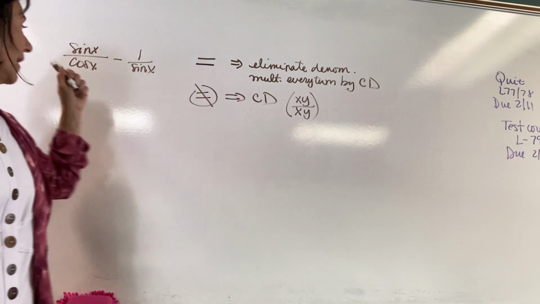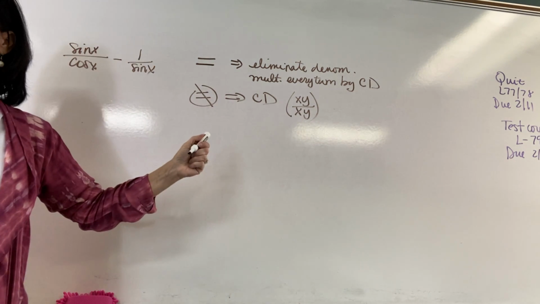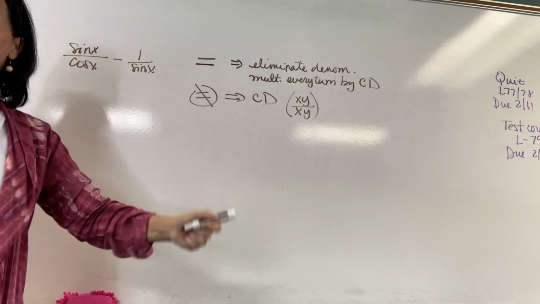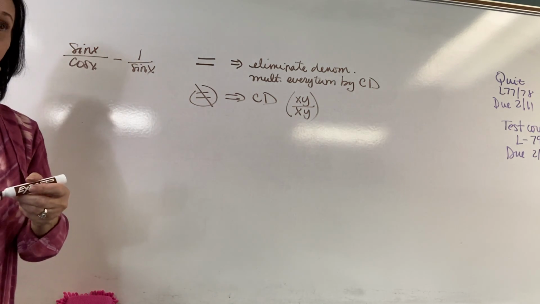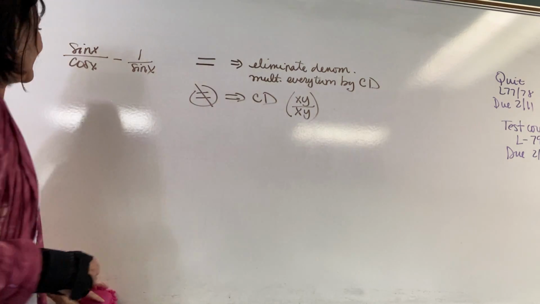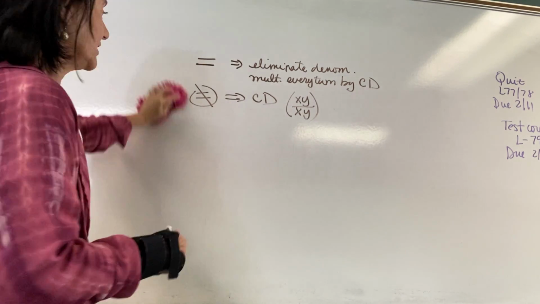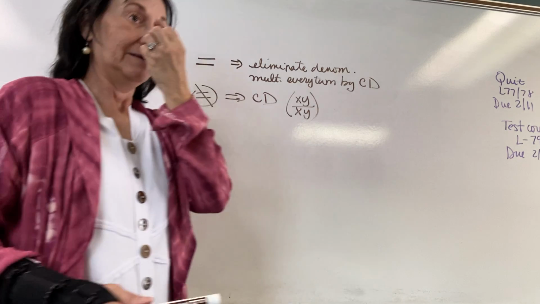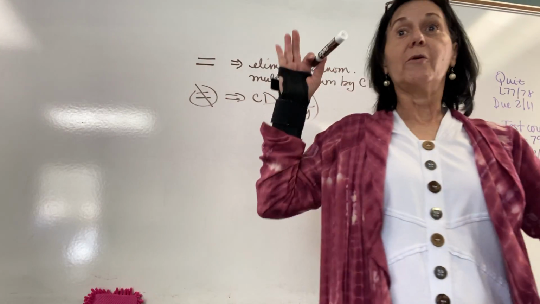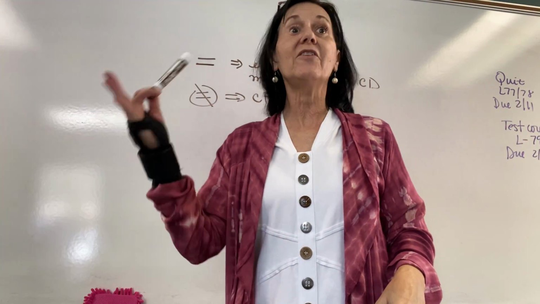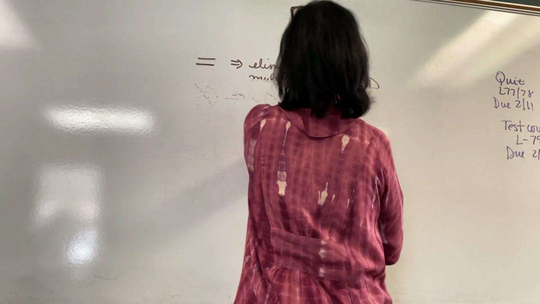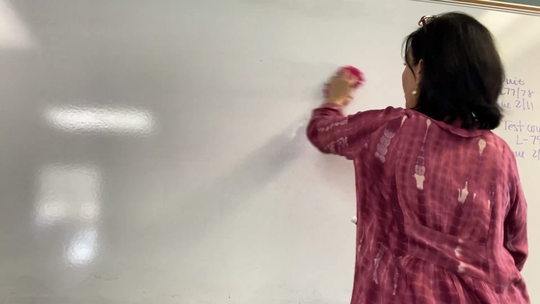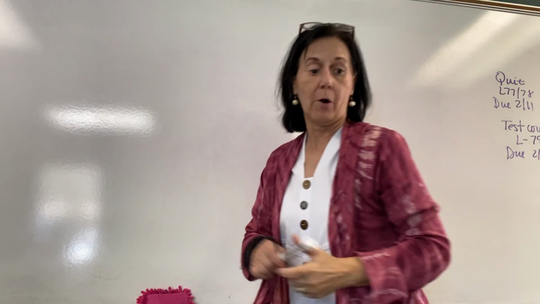Although you have no clue what this means, if you know the rules, you apply the rules even though you don't understand. What is 6? It's sine, trig ratios, okay? But learn the rules so you apply them at higher levels, even though you don't understand it. That's what we're going to do. We're always going to eliminate the denominators with every one of these problems.